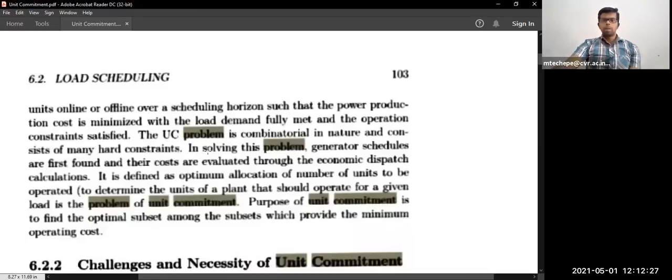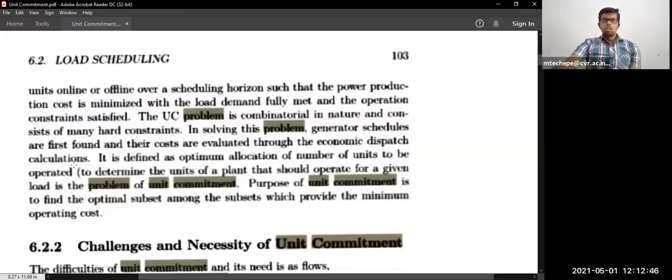This unit commitment is combinatorial in nature and also consists of many hard constraints. In solving this problem, the generation schedules are first found, then the costs are evaluated through the economic load dispatch calculation. It is defined as the optimal allocation of the number of units to be operated, that is, to determine the units or plants that should be operated for a given load.